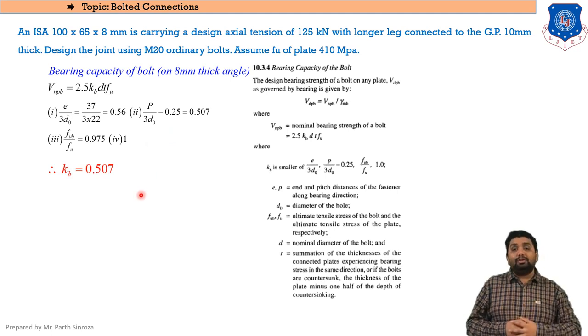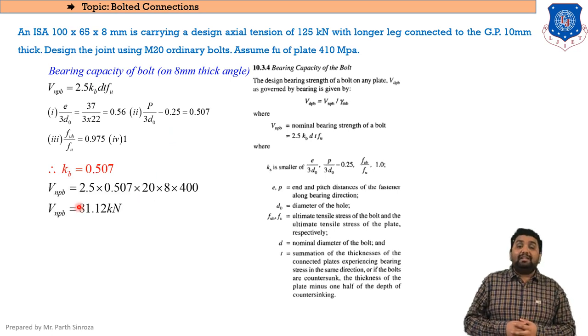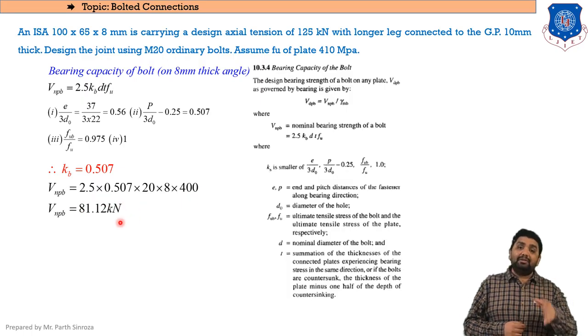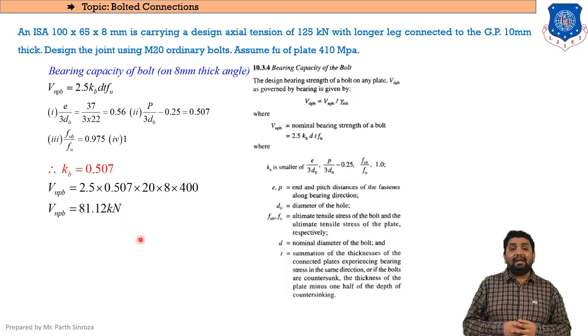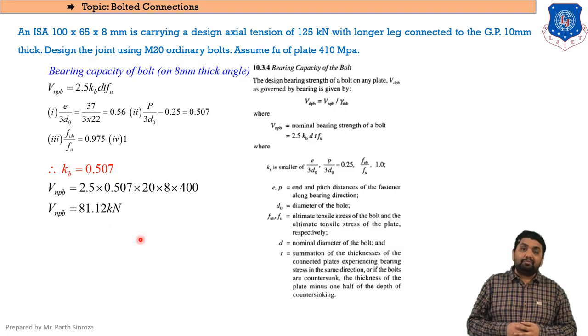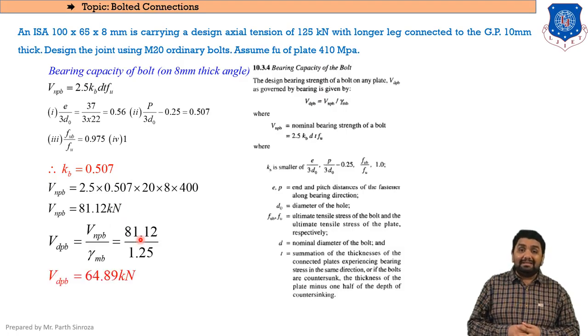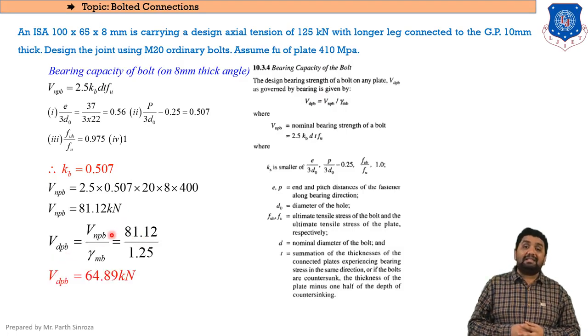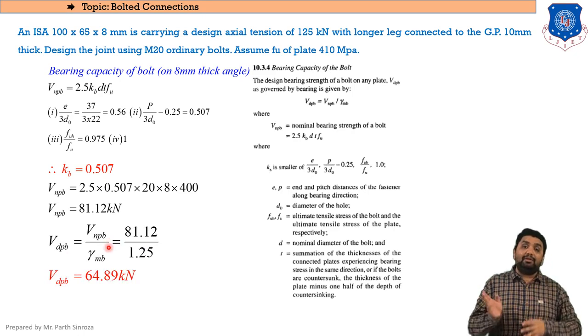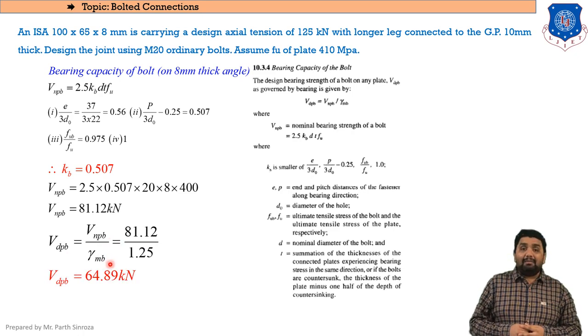Clear? So moving on to the bearing capacity equation, that is VNPB equal to 2.5 kb d t fu. Substituting the values here, we get the answer to be 81.12 kilonewton. Now we need to find the design capacity. So the design bearing capacity will be this value divided by our gamma mb, that is our factor of safety.